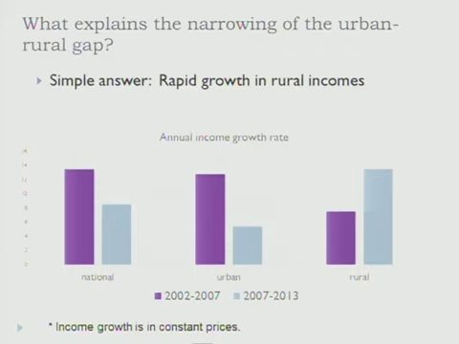If you calculate annual income growth for rural and urban households between 2002 and 2007, and between 2007 and 2013, you will find that in the first period, before 2007, urban households had faster income growth than rural. But between 2007 and 2013, rural people had faster income growth.